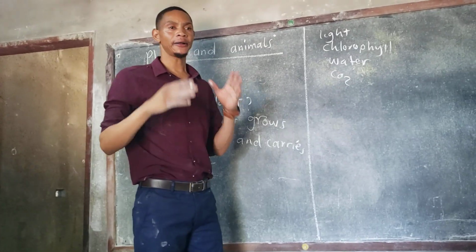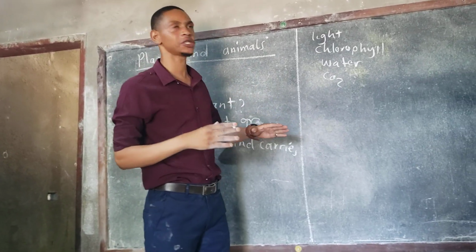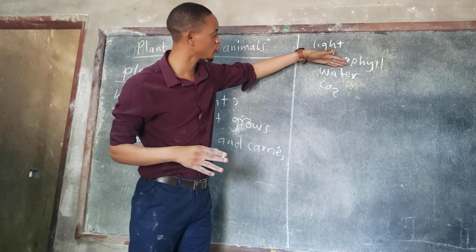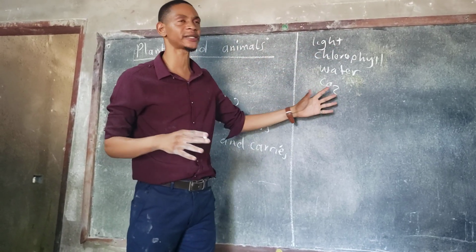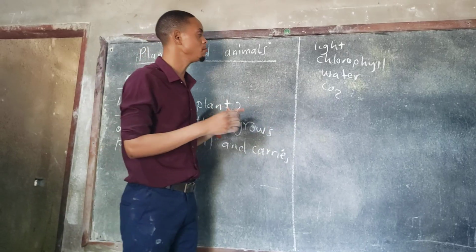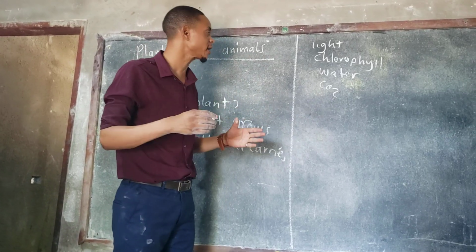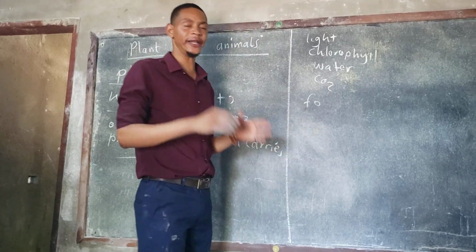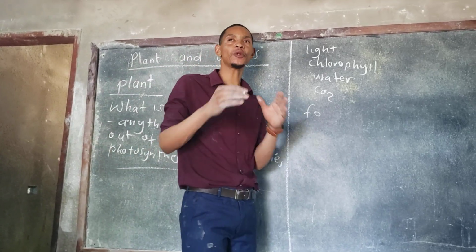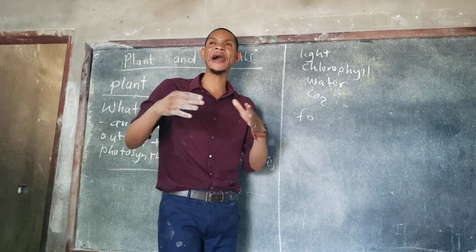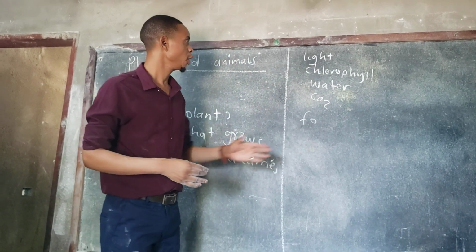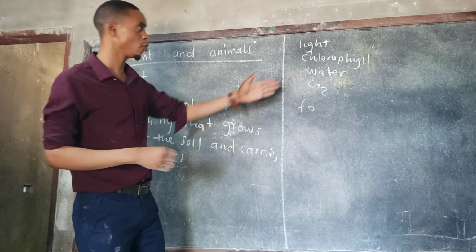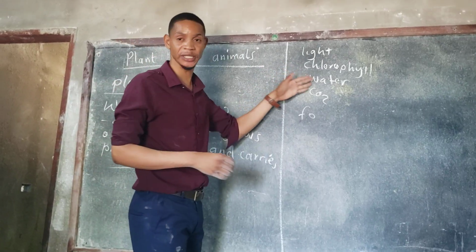So photosynthesis is the process by which light energy that is absorbed by chlorophyll, water, and carbon dioxide mix together to make the food that is needed for a plant. Or in short, it is the process by which plants manufacture glucose using these elements that I've explained here. I'll explain this one later in detail.